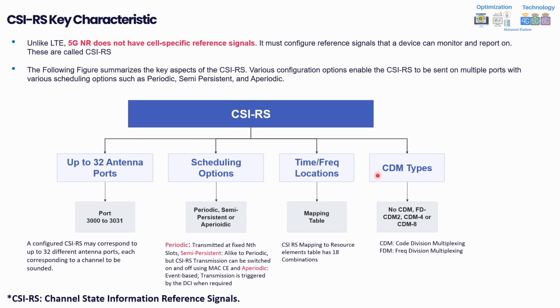Then we have something called CDM types. CDM refers to code division multiplexing, and we can have different types of CDM. For example, here it mentions no CDM, which means there is no code division multiplexing.